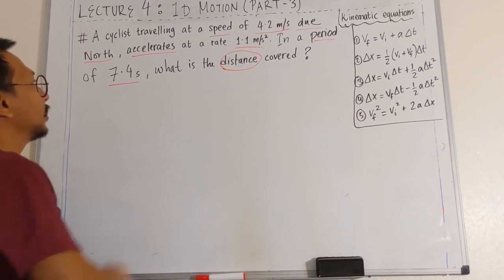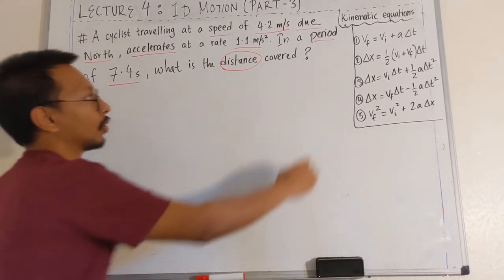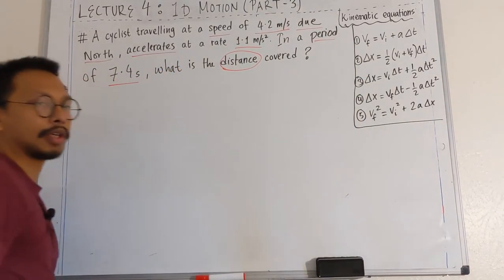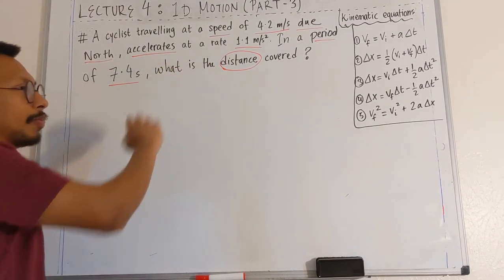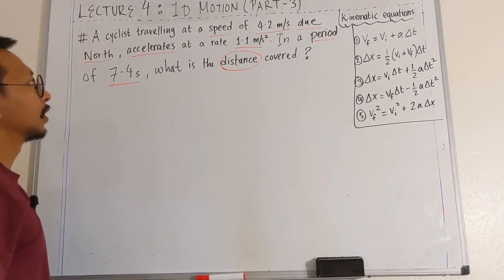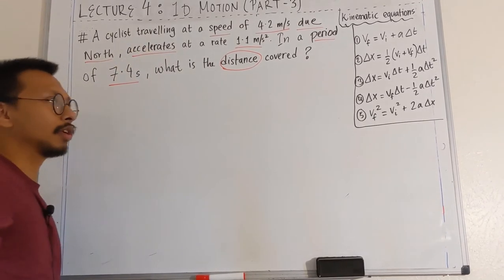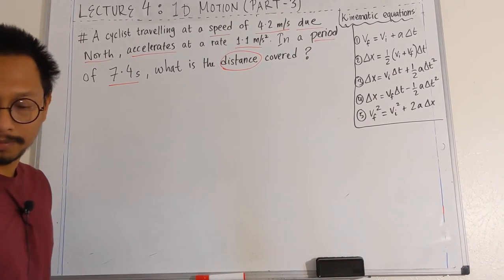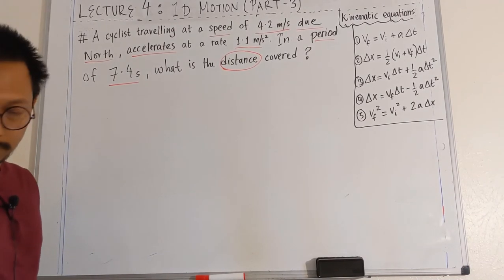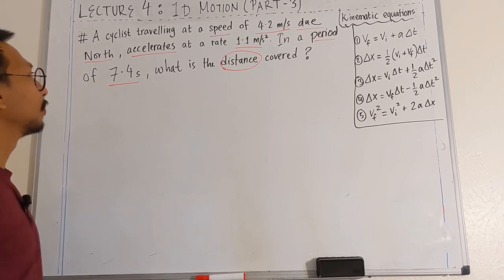Now, because it's constant acceleration, we will be able to use either of these 5 equations, whichever one suits best for our purposes. If the acceleration wasn't constant, these equations would not be valid anymore. Okay, let's see if we can solve this problem.